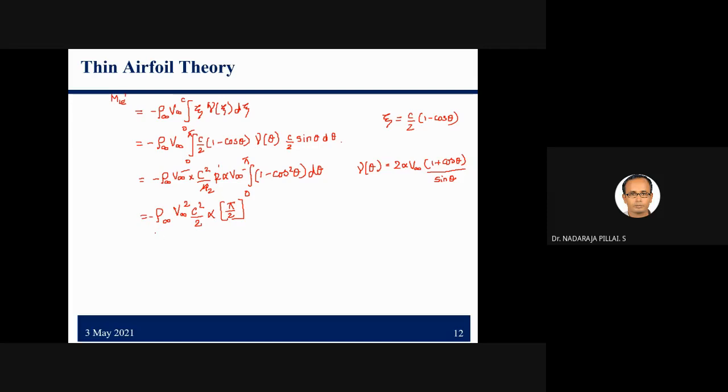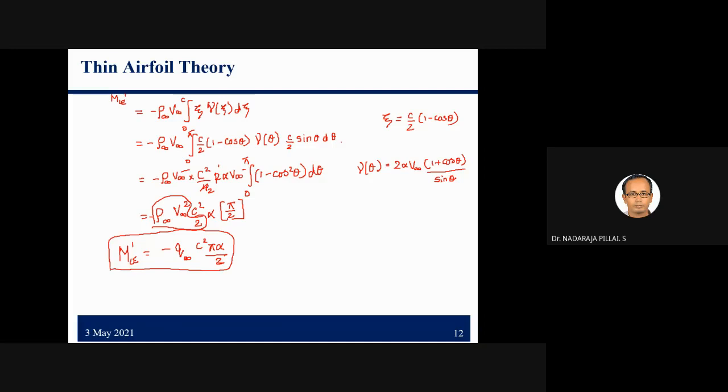So we already know rho v square by 2 is equal to q infinity, and c square pi alpha by 2. That is the moment about the leading edge. So moment about the leading edge is equal to minus q infinity c square pi alpha by 2. What is q infinity? It is the dynamic pressure that is calculated by half rho v square.